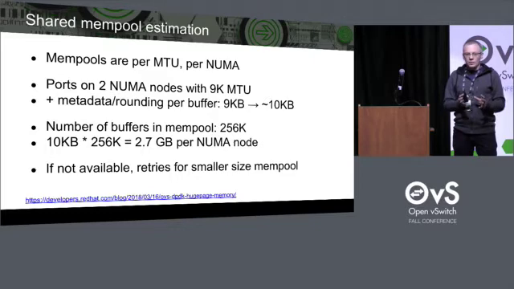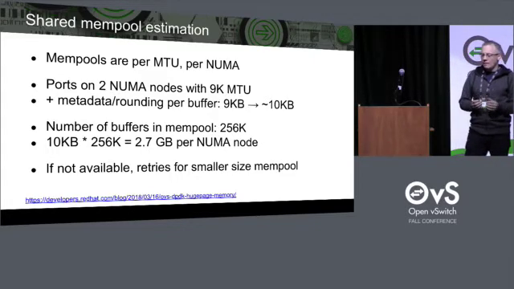For the initial mempool that we try to get, it's 256K buffers in that mempool. So if we multiply it out, it's 2.7 gigs per NUMA node. Now, I know that's quite a lot, but if that's not available, it'll retry for smaller mempools. Obviously we can't change the buffer size because the MTU is the MTU until we have something like single segment or multi-segment MBUFs, but we can make a smaller mempool.